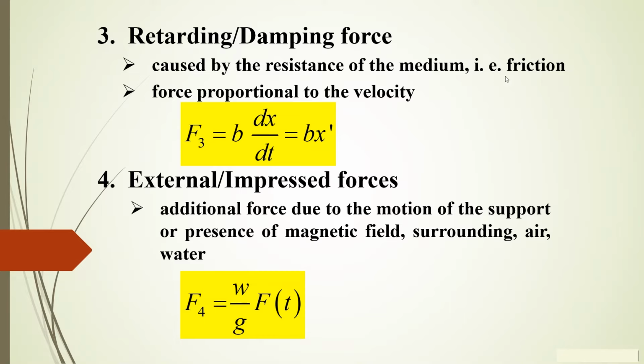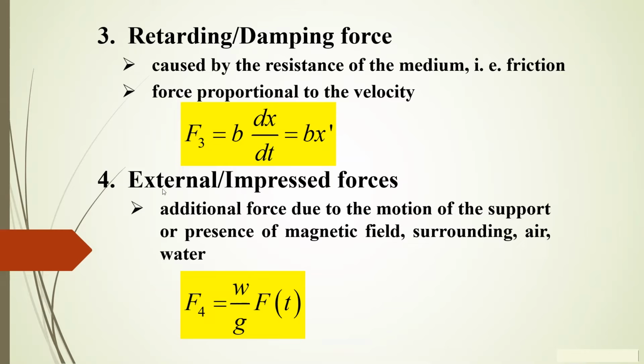So basically, as I said, for example, friction. So it's typically proportional to the velocity. Of course, if there's bigger friction, the velocity would be slower, right? So F3 will be Bx prime, or B times velocity. This is velocity.